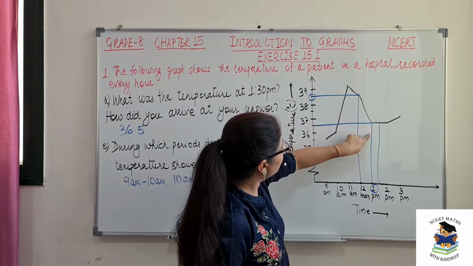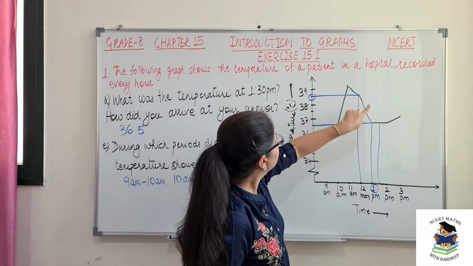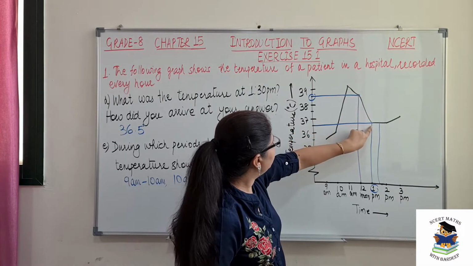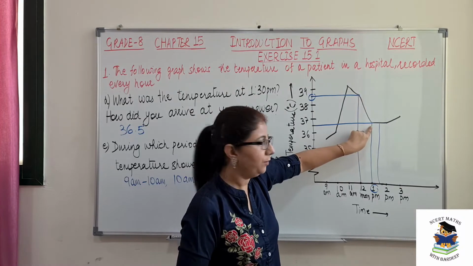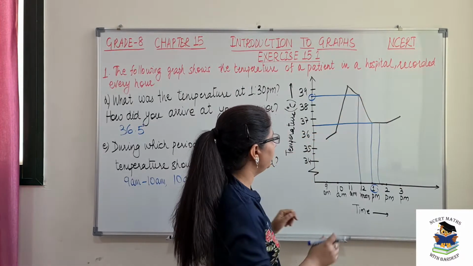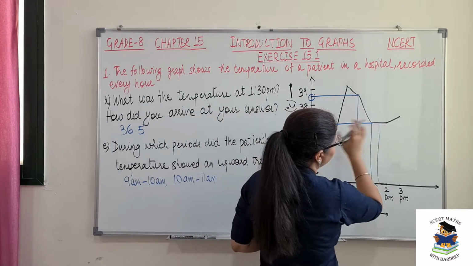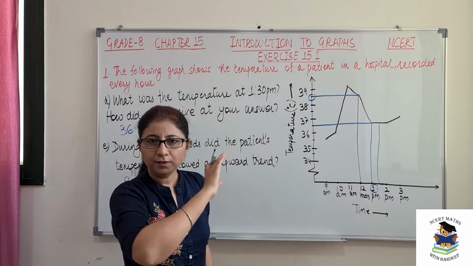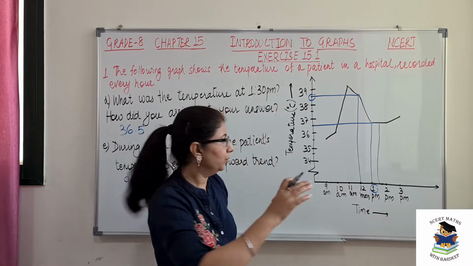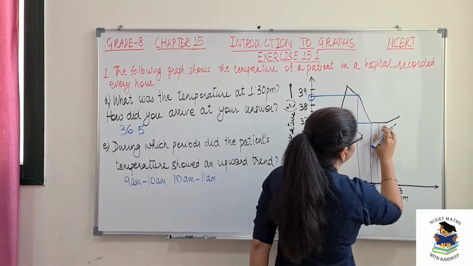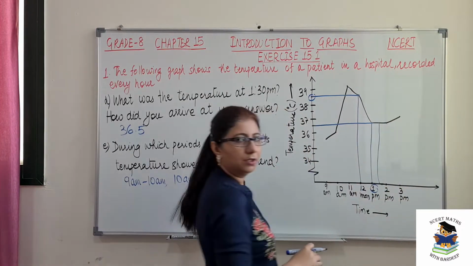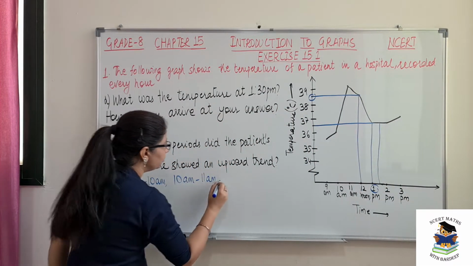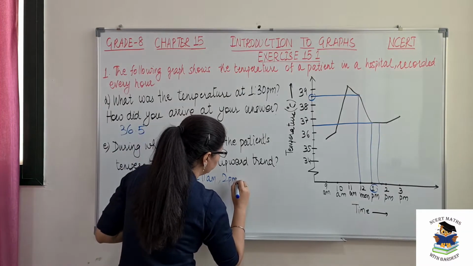Again for the next 1 hour, that is 12 to 1, it decreases from 38.5 to 36.5. So this again we will not take. See, from 1 to 2 it is constant. Again neither upward nor downward. From 2 to 3 it is again increasing. Okay, so next is 2 p.m. to 3 p.m.